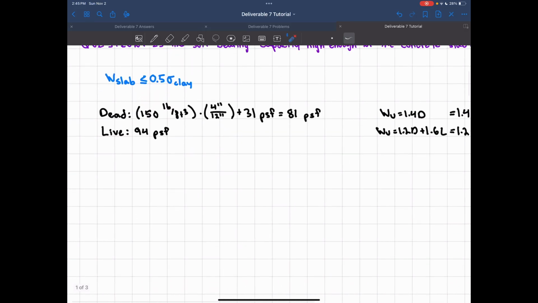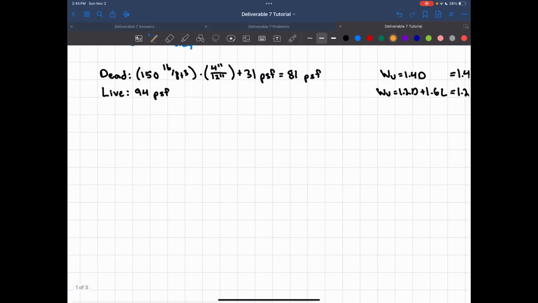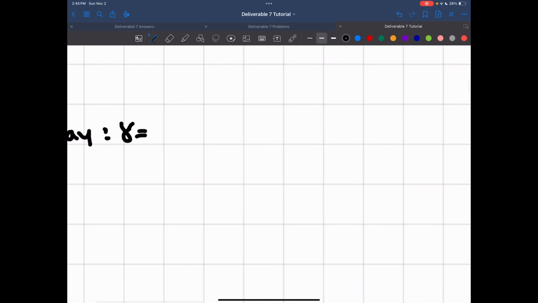So now to calculate the clay portion of this, we know our clay has a specific weight of 130 pounds per cubic foot, and this is pretty much just the density. We also know how deep our clay goes.